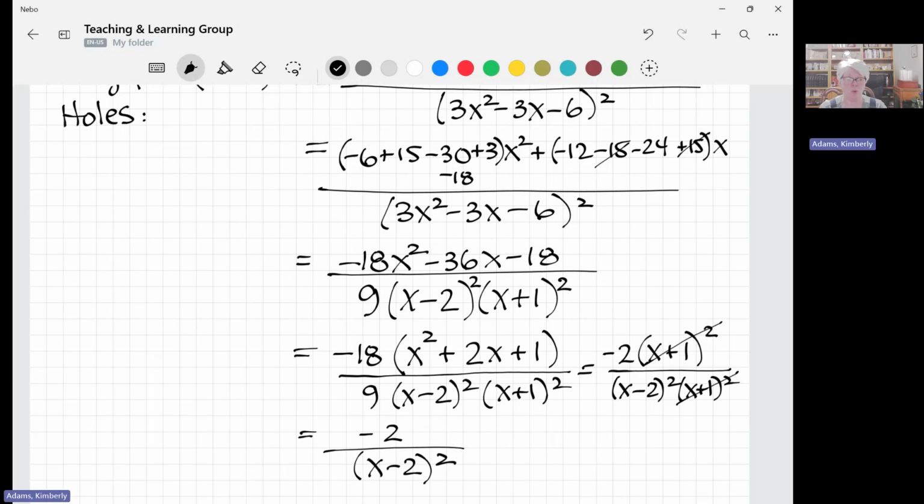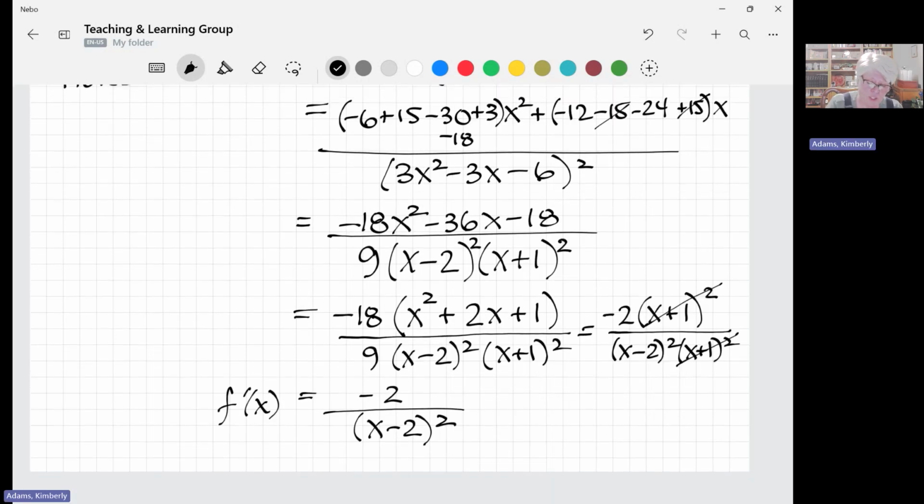So what do we know? Well, looking at f prime, what I notice is that it's negative for every possible value of x. This is less than 0 for all x in the domain. Now, why is that helpful? Well, because I know this thing is decreasing everywhere.